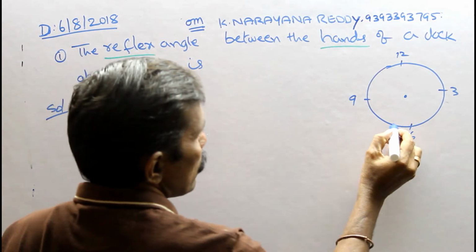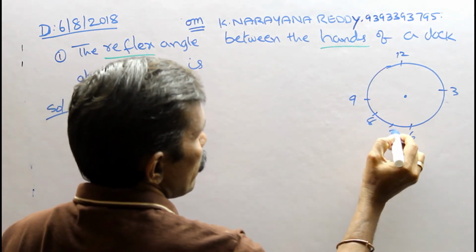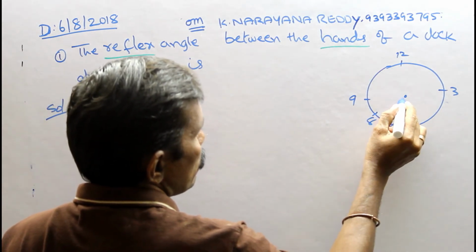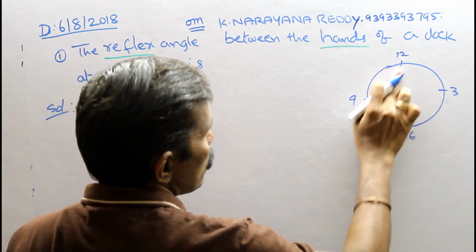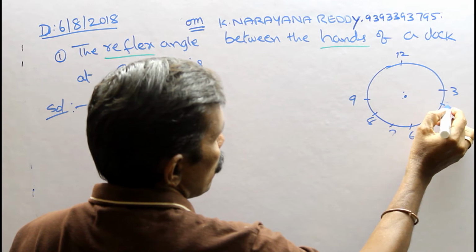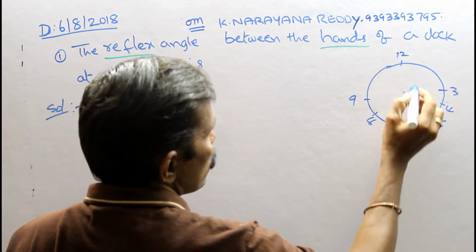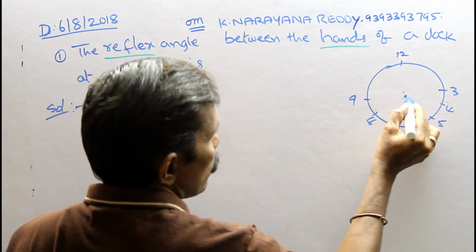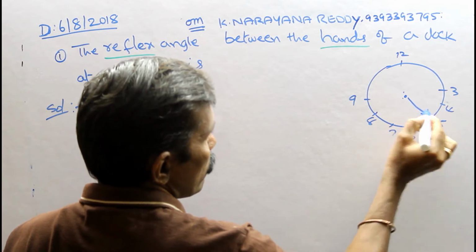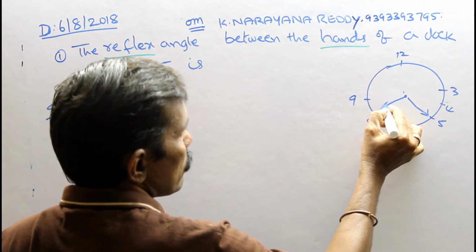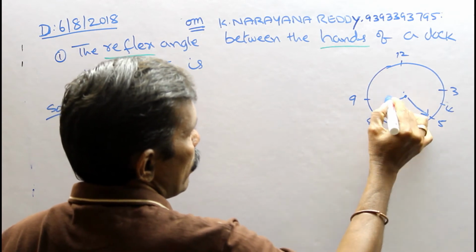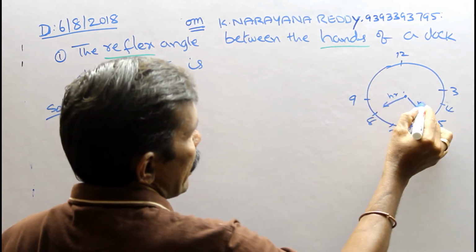The minute hand will be where? This is 4, this is 5. So the minute hand will be at 5. The hour hand will be at 8. So this is the hour hand, this is the minute hand.